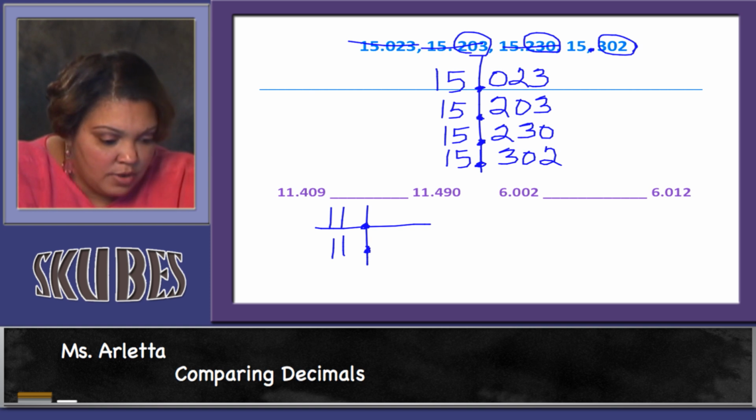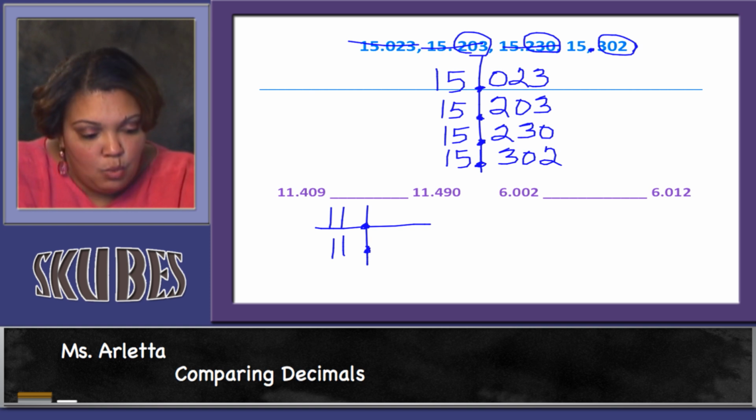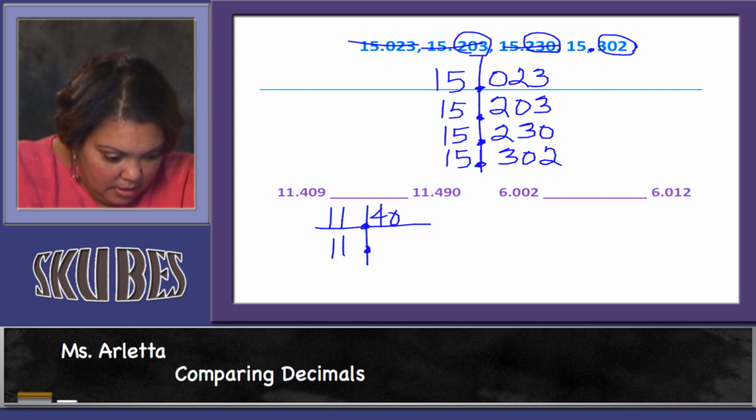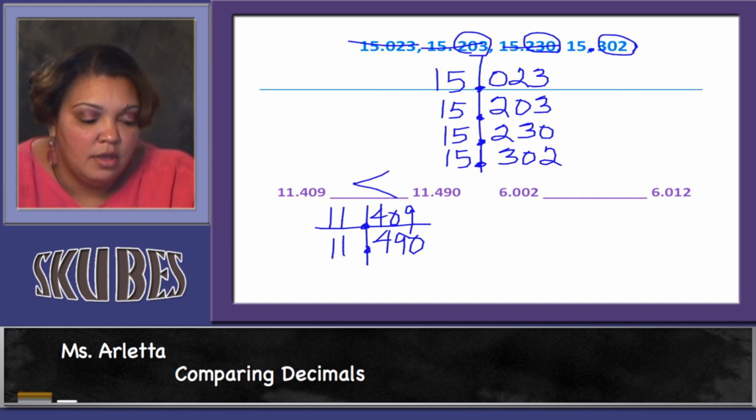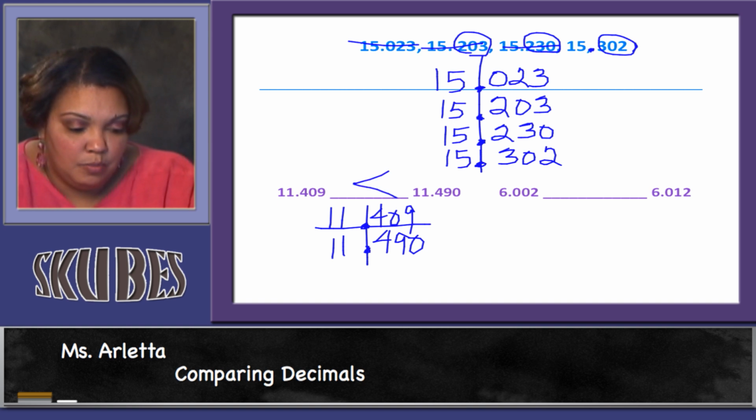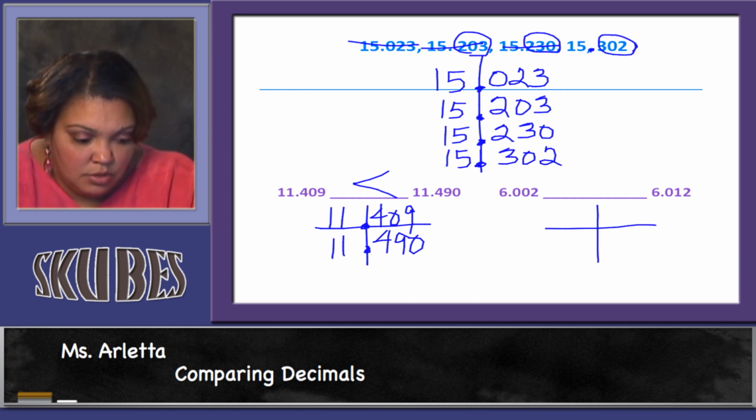I see a 409 and a 490. Well, we know that 409 is lower than the 490. So 11.409 is less than 11.490.